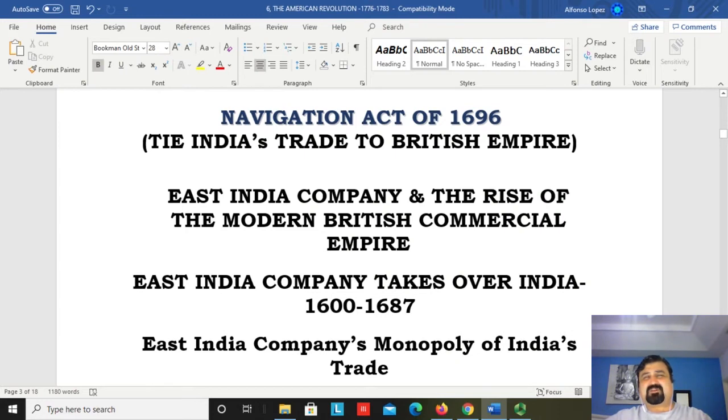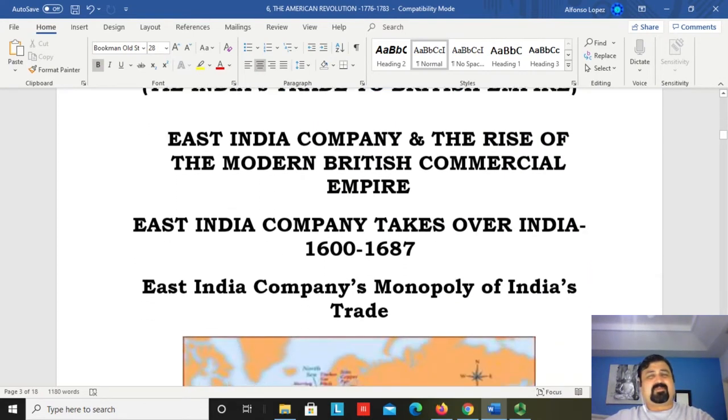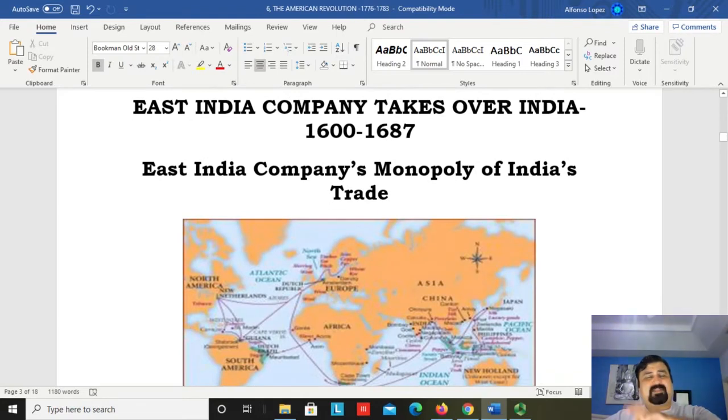The British are convinced that they must be excluded, of course, from India's trade. So this is a very important development because this explains, at least partially, why the American colonies are pretty much trading on their own. They're being left alone, quote unquote.